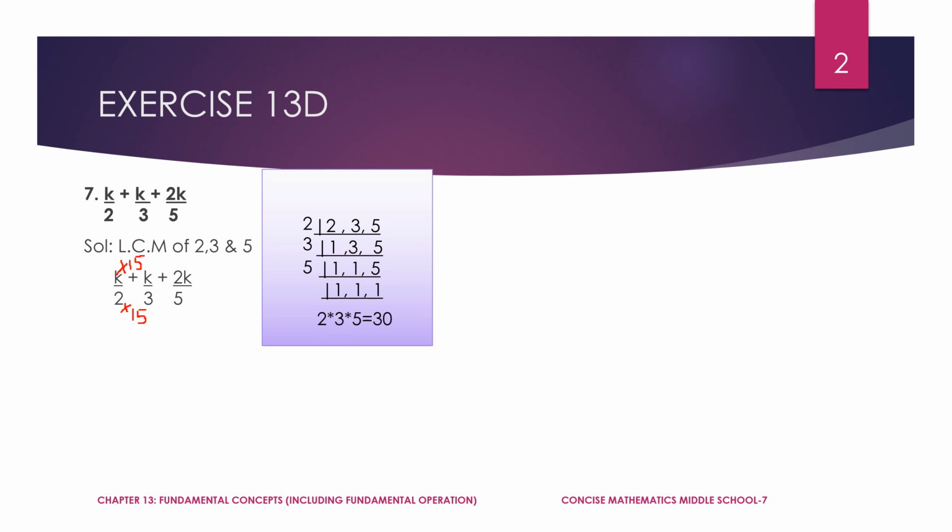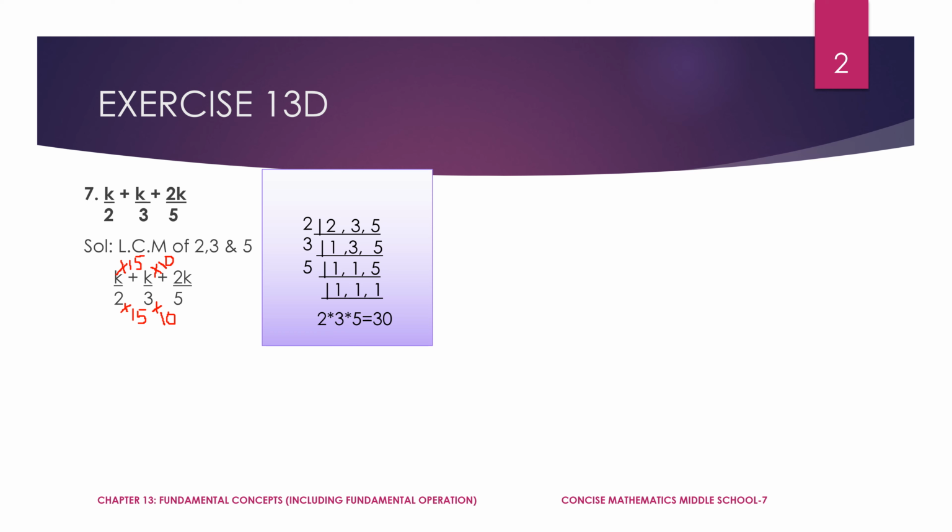Here next number 3. To make this 3 into 30, you have to multiply it with 10, right? So you can write it as into 10. Because the denominator is multiplied with 10, even in the numerator you should multiply it with 10. Is it clear, children?